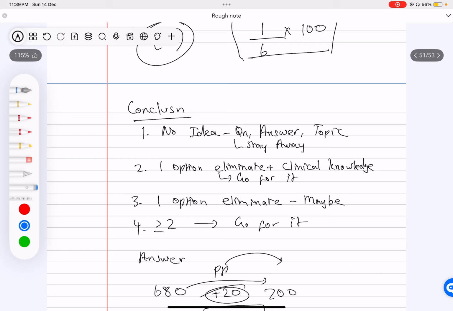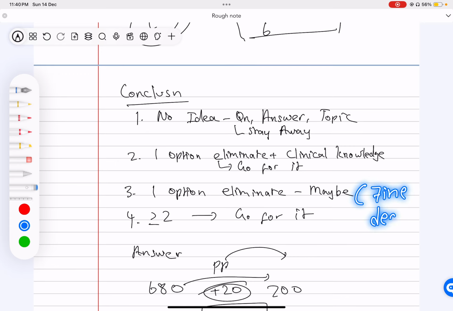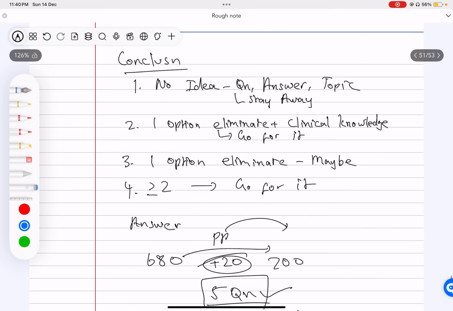If you eliminate one option but you don't have any clinical knowledge to choose a preference, you may get it wrong, may get it right. It's a fine deal. It's not a good deal, it's not a bad deal. If you can do a minimum of two eliminations or more, just go for it. It is always a victory. Always a win.